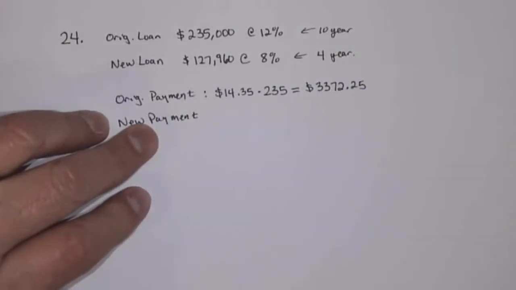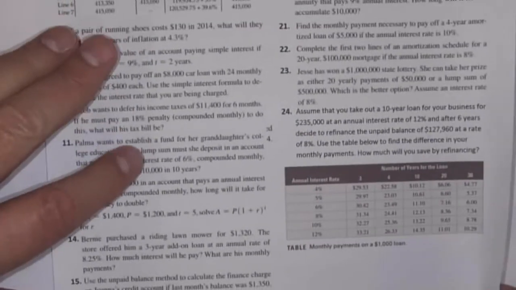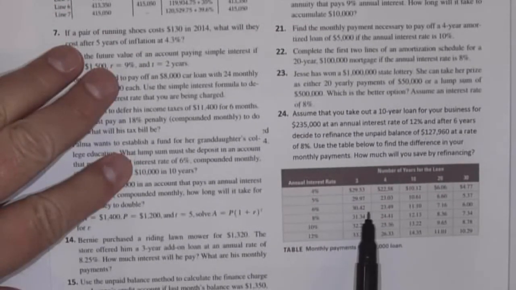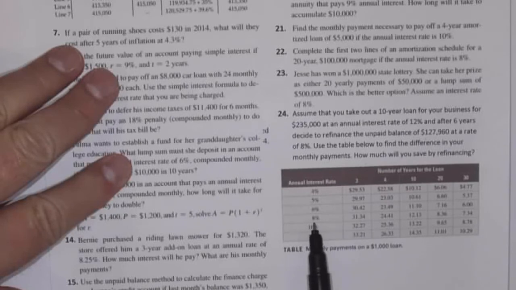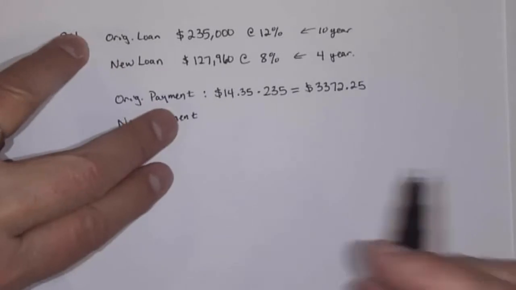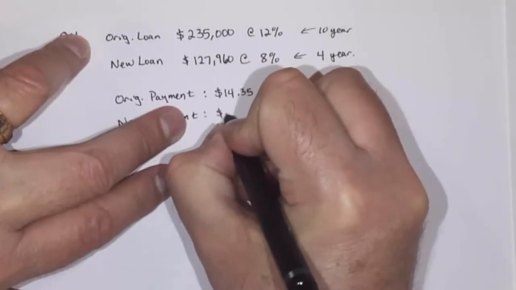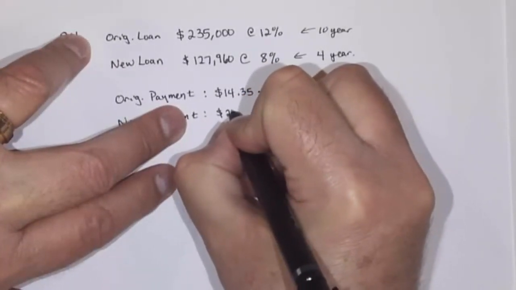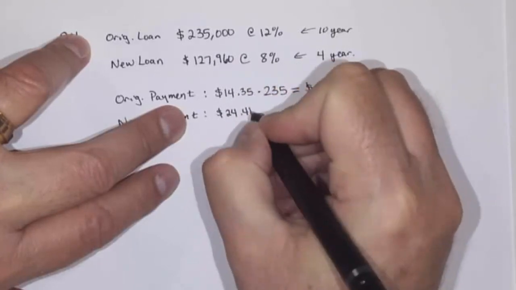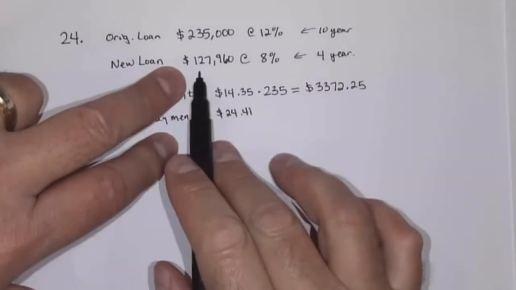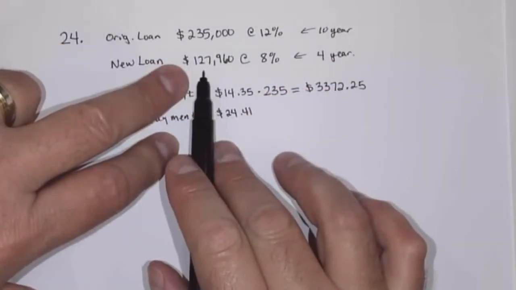Now for our new payment, we're at an 8% loan, so I'm going to use that, and we have 4 years remaining, so that's going to be $24.41 per $1,000. But at this point, we don't have as many thousands.